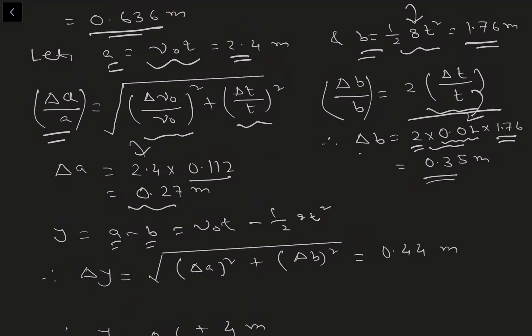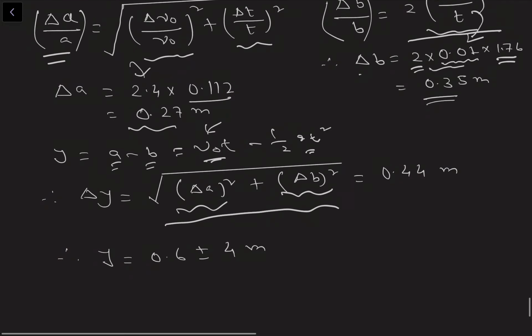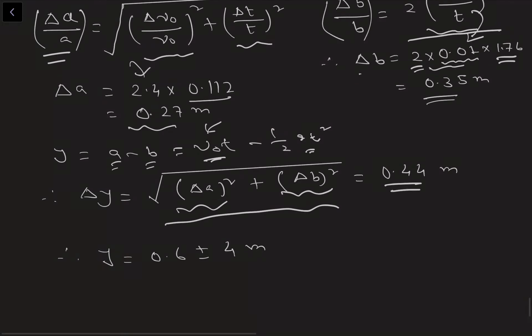Here A and B depend on t, one on t and another on t square, but v0 t doesn't depend on t square, so we consider A and B to have independent errors. We use the formula for independent errors. We add the absolute errors in quadrature. So delta y is coming out to be 0.44 meter. Now represent it by a single significant digit, 0.4.